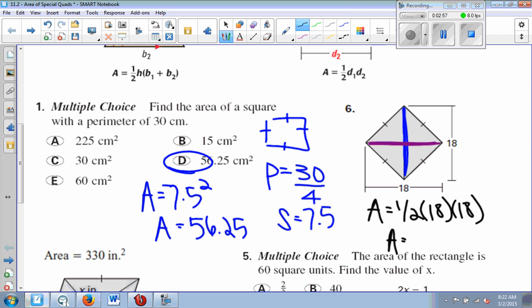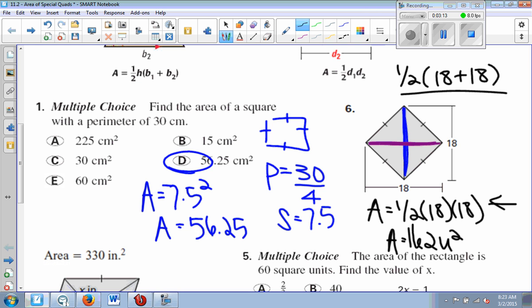So you're going to get 162 as the area. So you don't want to do 1/2 times 18 and 1/2 times 18. That's not distributive property. Distributive property would only happen if it was plus on the inside. That would be distributive property. That is not what this is saying. So please don't do that.